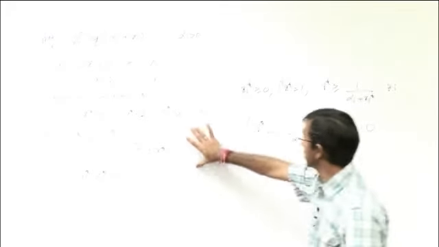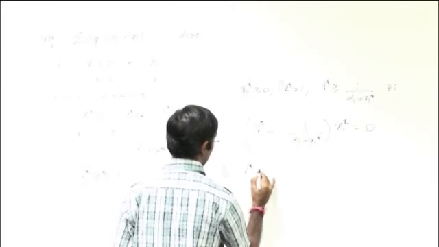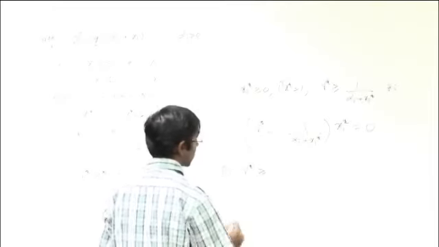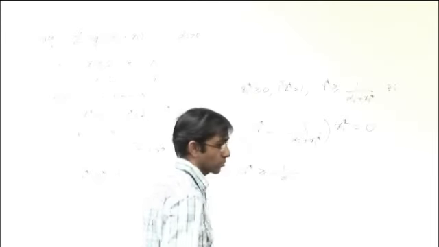So my KKT conditions reduce to just these simple conditions. And now note one thing: first consider the case where nu star is greater than or equal to 1 by alpha i. This is the case we need to consider.